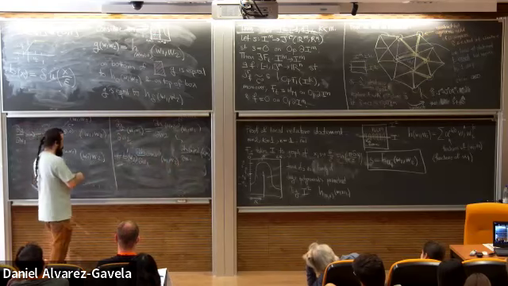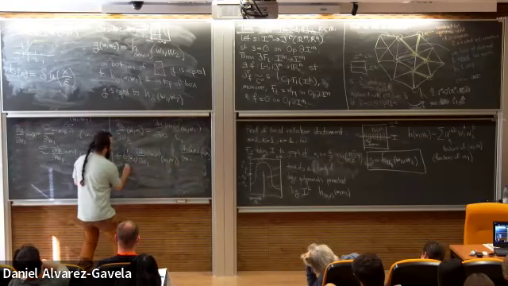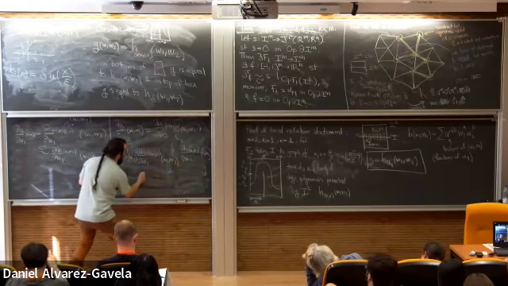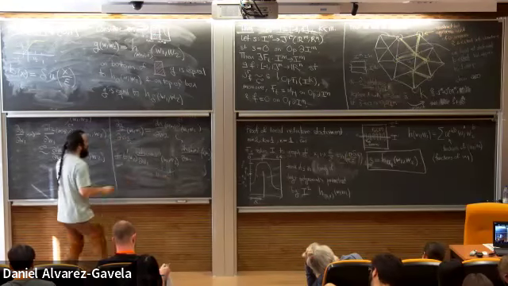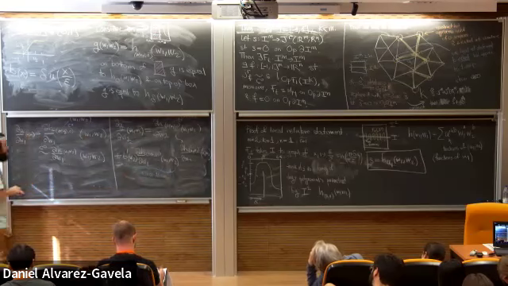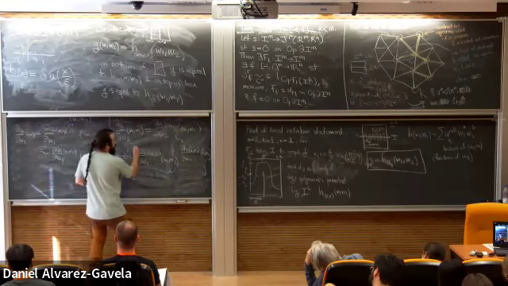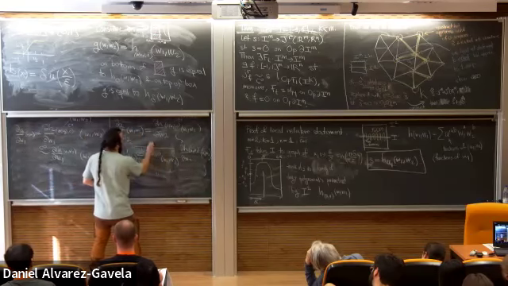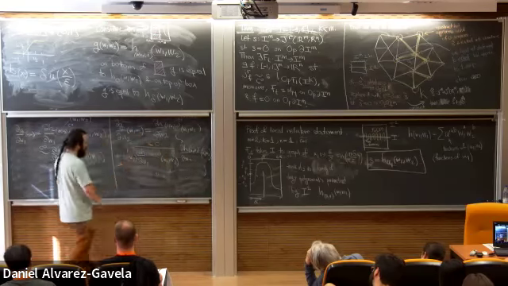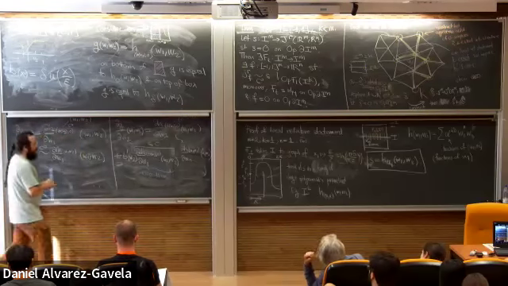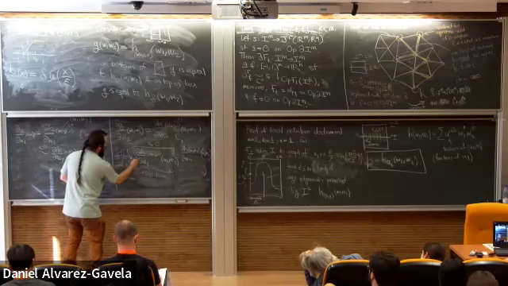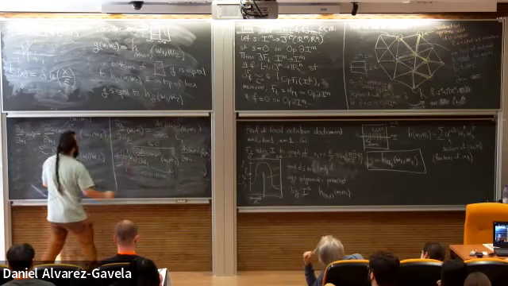This is the error term. But you see, this whole thing is, whatever it is, a continuous function, so it's a priori bounded by some constant. And this term B prime, what is it?